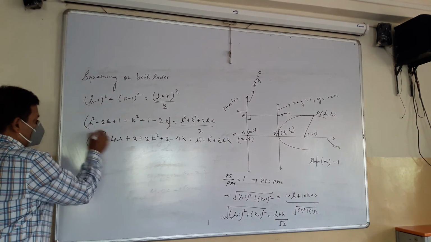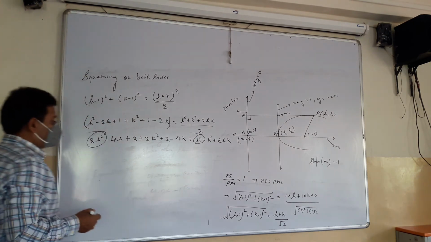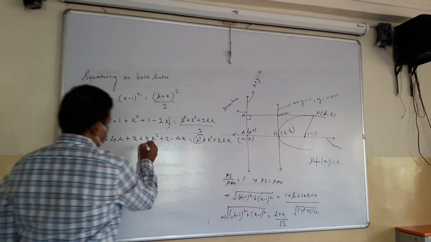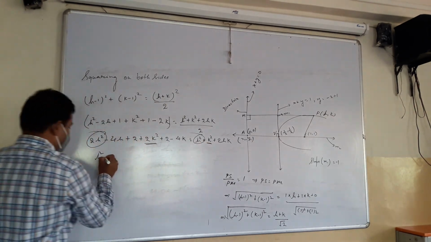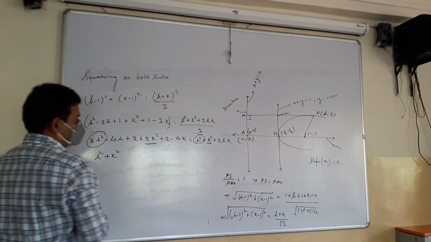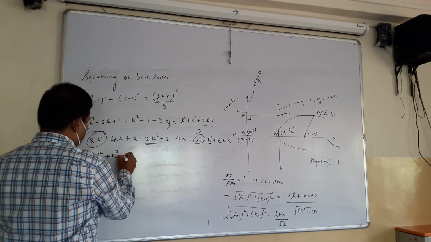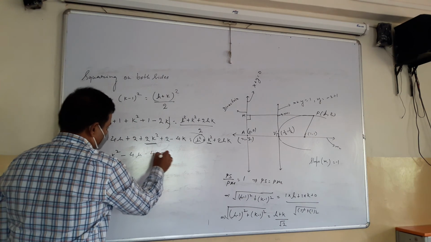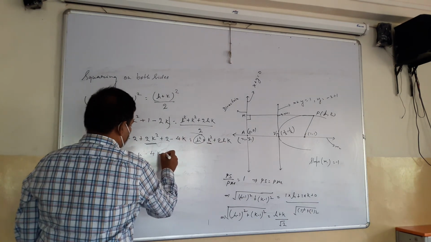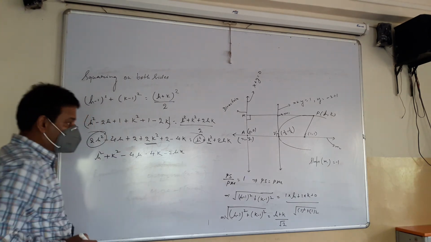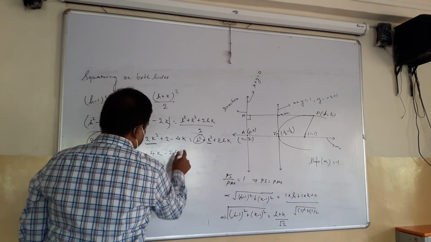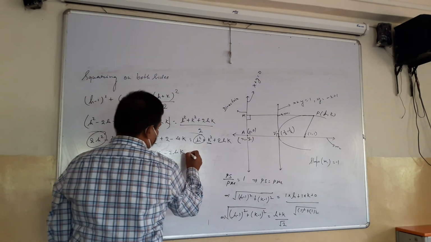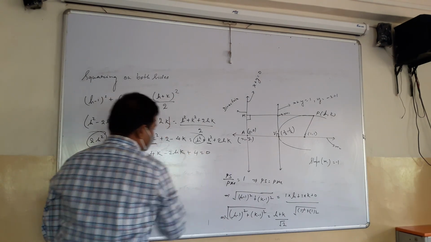Now here 2h square and here h square, so h square. Here 2k square, here k square, so k square. Minus 4h, minus 4k, minus 2hk, plus 4 equal to 0.